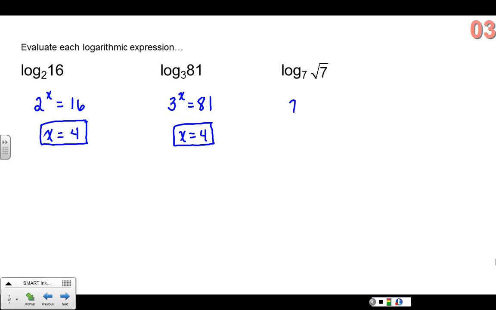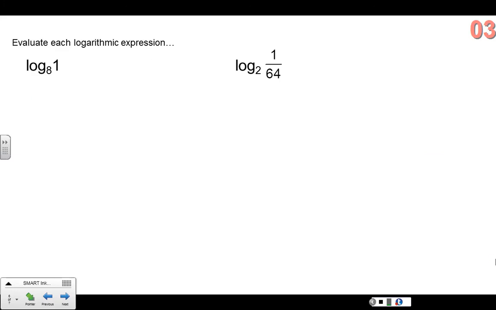And 7 to what power is the square root of 7? Now we know the square root is the 1/2. So x would actually be 1/2, the power. Same way here. 8 to some power equals 1.